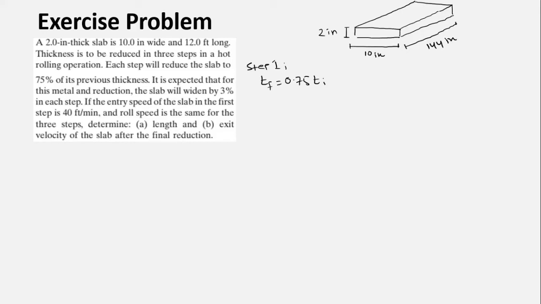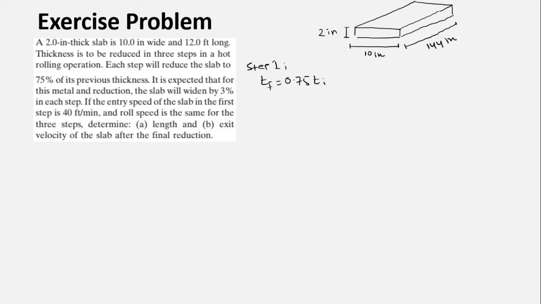It is expected that for this metal and reduction, the slab will widen by 3%. We have studied by empirical law it is around 2%. Now in this case the slab is widening or spreading by 3%.